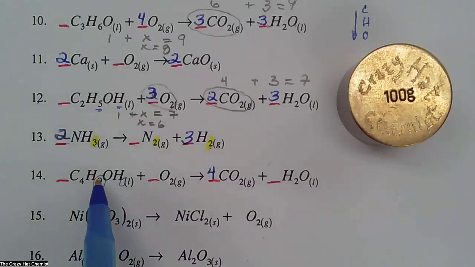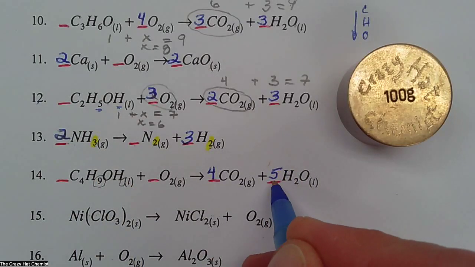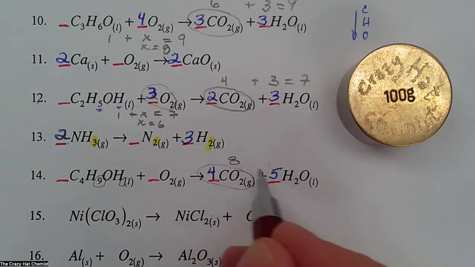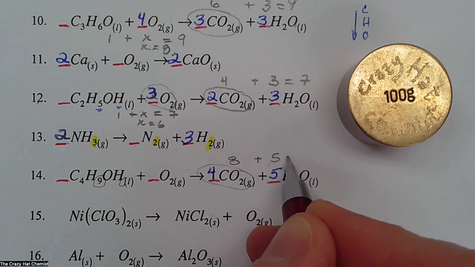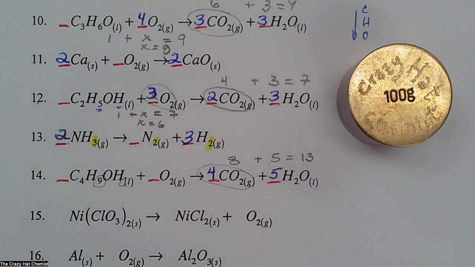That gives me 10 hydrogens. So that means I'm going to place a 5 in front of the water. That's 5 times 2. That's 10 hydrogens. Now I'm going to count the oxygens, of which are right here. That's 4 times 2, that's 8, plus 5 times 1, that's 5. I'm going to sum up these numbers. That gives me the lucky number 13.